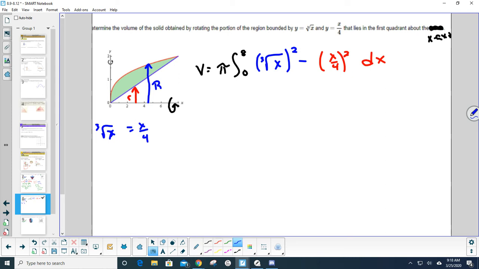Unless, like say, I'm just going to sketch this over here. For example, let's say our shape was down here like this. And then if that were the case, my r would be that. My little r would be that. So I hate to say like top minus bottom or right minus left.